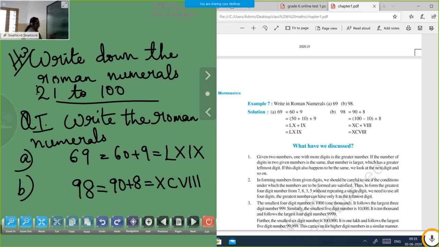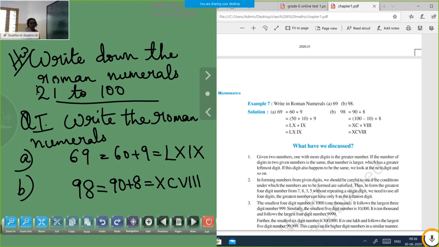So 60 plus 9: 60 means 50 plus 10, LX, then 9, IX. Then 98 means 90 plus 8, 90 means 100 minus 10, so that is XC. 100 minus 10 means we have to put the 10 to the left side of the C. So XC and 8 we are putting. So write these two. The teacher is writing some more questions.